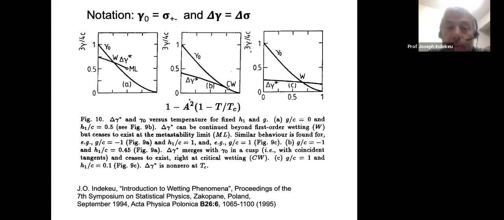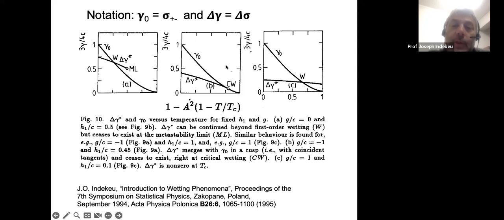So there still is a singularity, but it is weaker than at first order wetting, and this is called critical wetting. But also in this case, delta gamma star ceases to exist at the critical wetting transition, and from there on we only have one equilibrium state further.